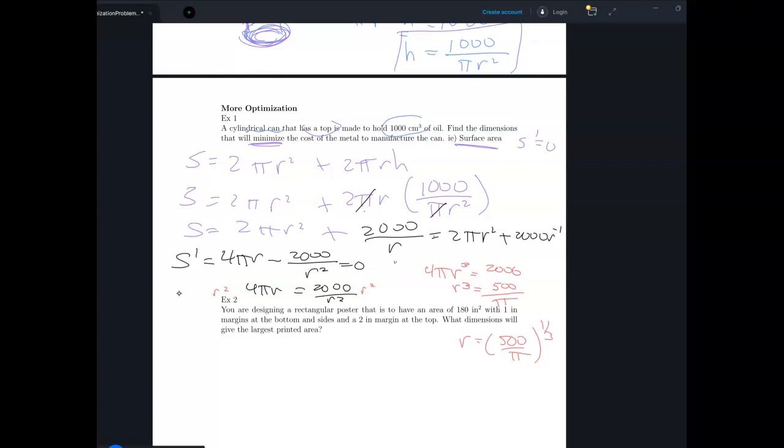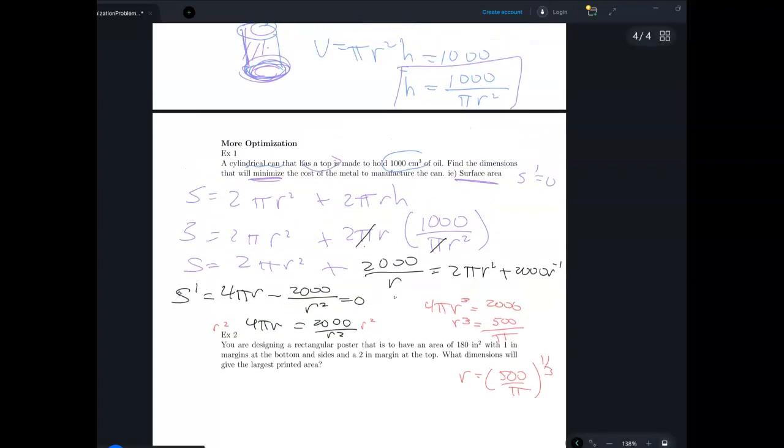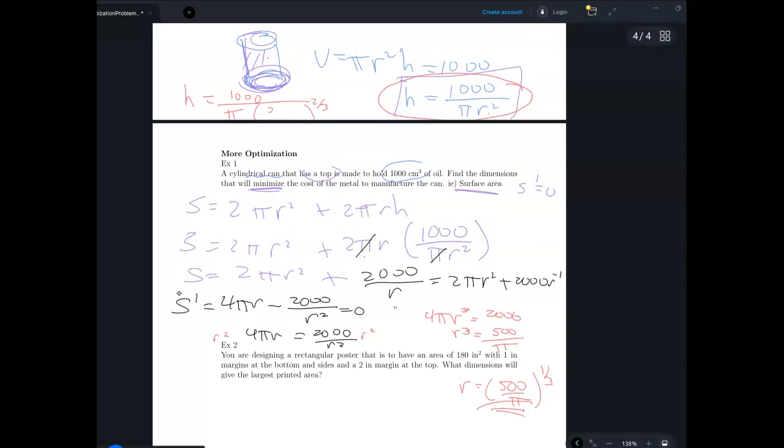So then I'm looking to find out what the dimensions are. Here was the equation for h, so I'm going to put this in here. So I get h is equal to 1,000 over pi, and if I have something squared and it's all to the 1/3 power, that's 2/3 of 500 over pi. Pretty ugly, but it's the answer.